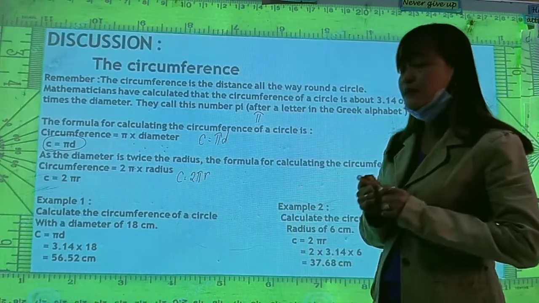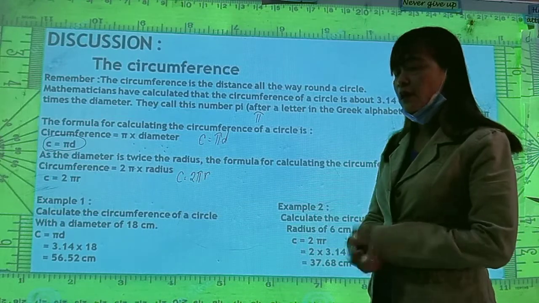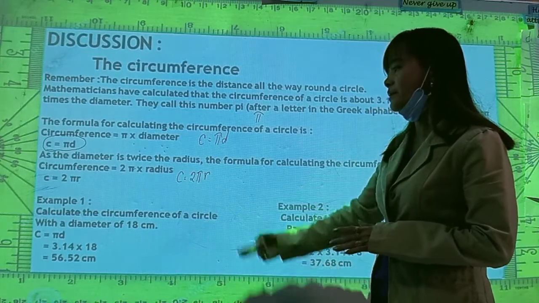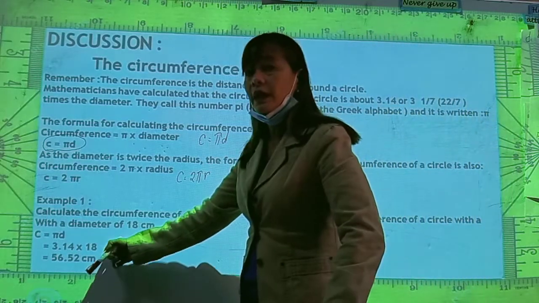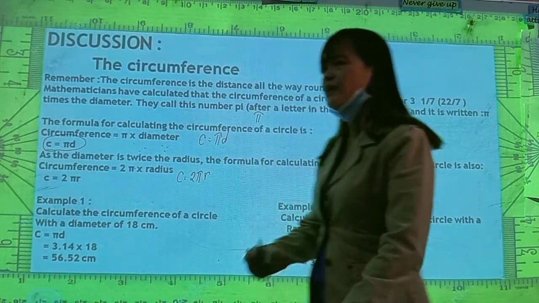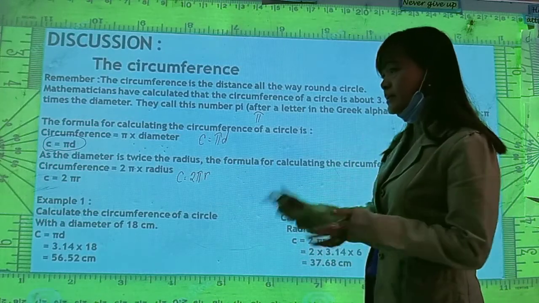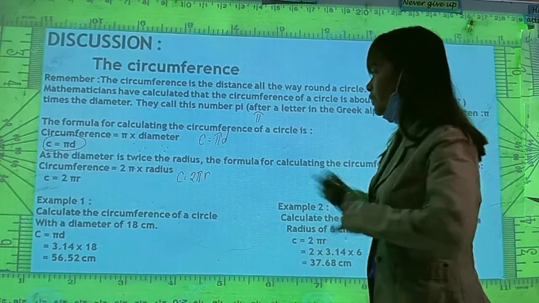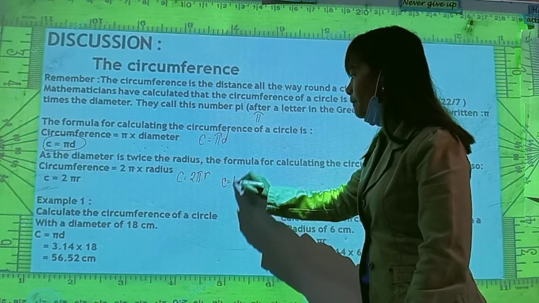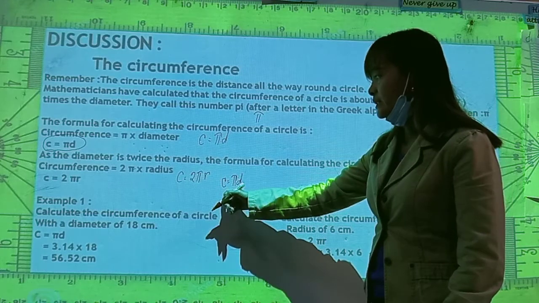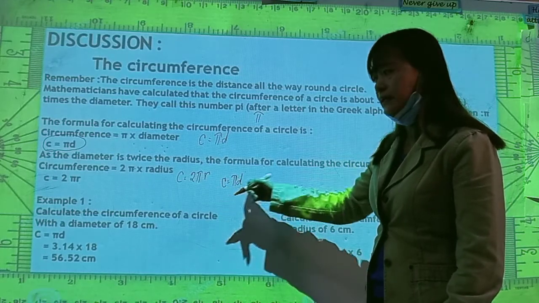Okay, let us do example number 1. Calculate the circumference of a circle with a diameter of 18 centimeters. Class, what is the formula if we are going to calculate the circumference from the diameter? Circumference is equal to pi times the diameter, or circumference is equal to pi d.